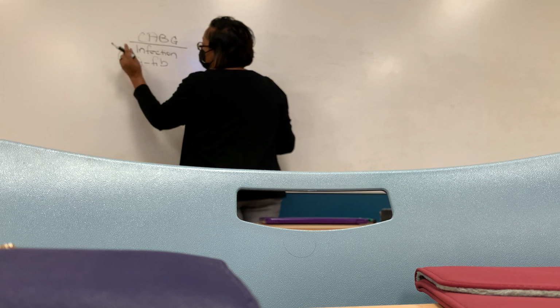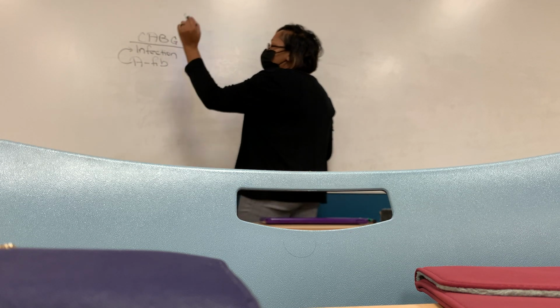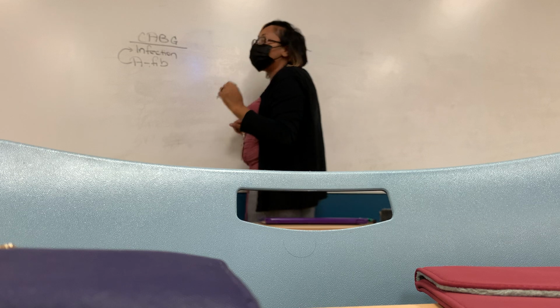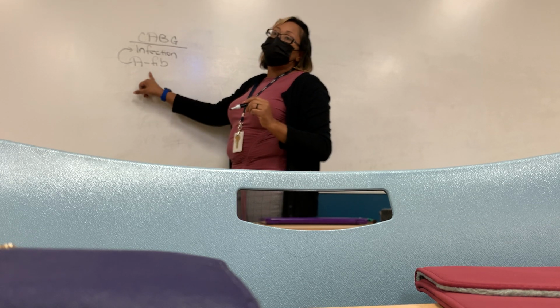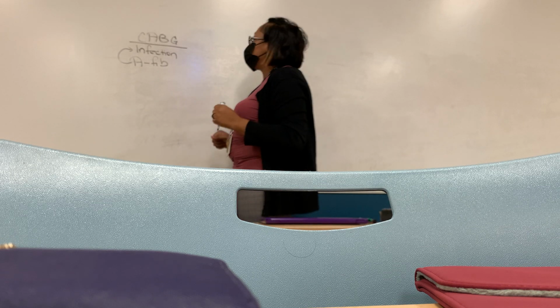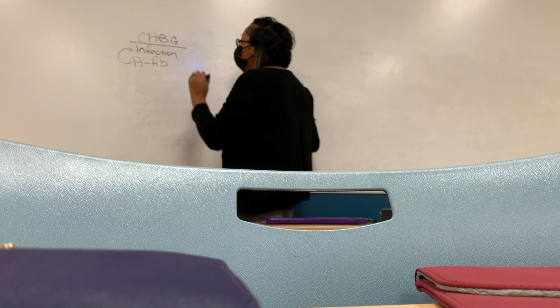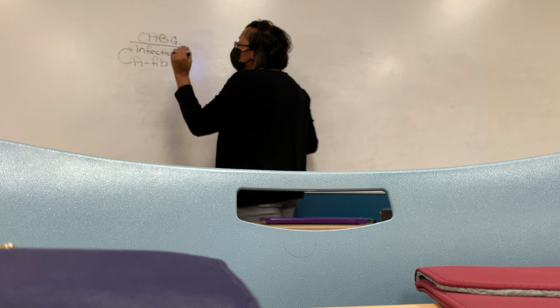AFib should be first. Patients that have a CABG are at high risk for AFib. To get them out of AFib, we are going to cardiovert them, or shock them sometimes. They're also at high risk for infection.